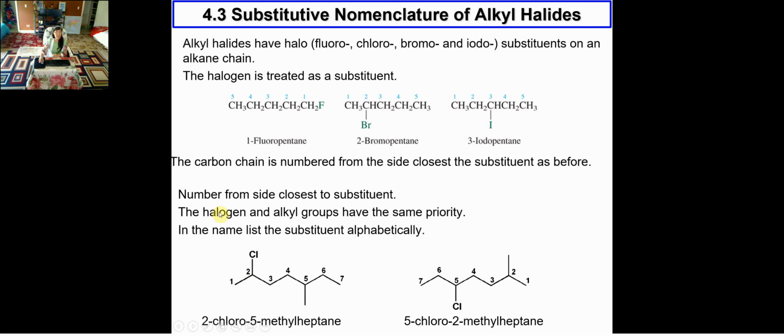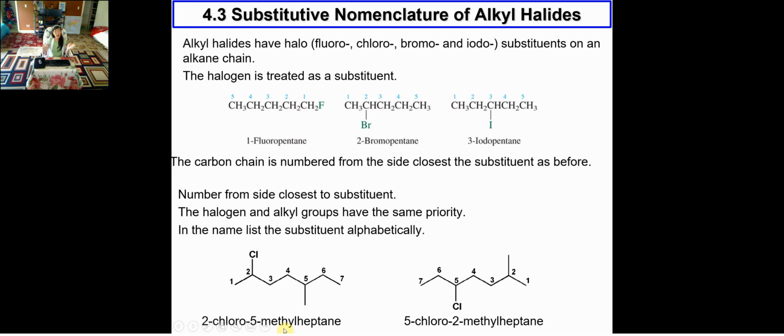Halogens and alkyl groups have the same priority. How do you name this compound? Again, you find the longest continuous carbon chain. So you have carbon 1, 2, 3, 4, 5, 6, 7. You call it heptane. And your chloro, you can put in the second locant, and the methyl on the 5th locant.